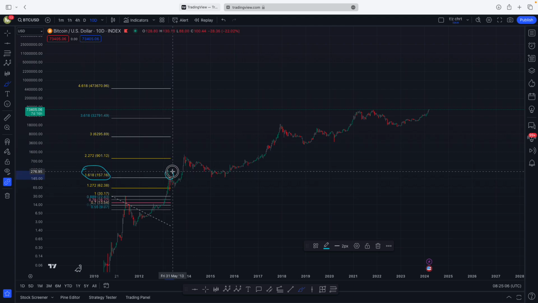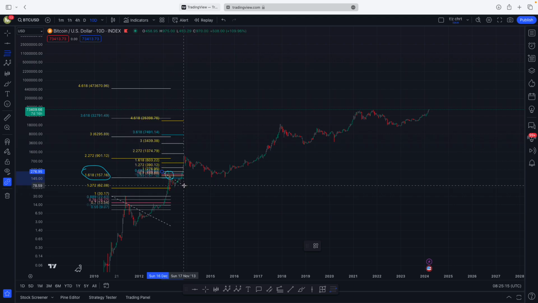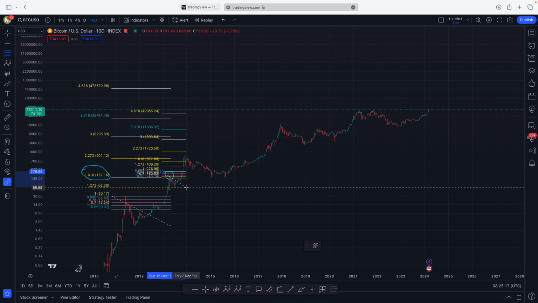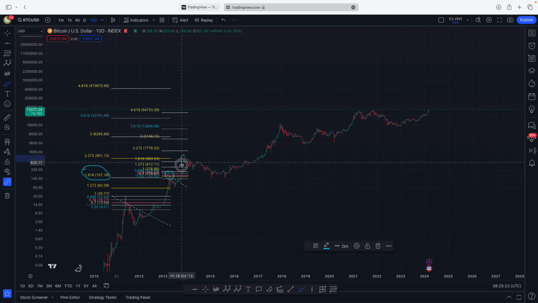It overshot it slightly, but this is where you had your first top. Next cycle we take this top and this bottom, and measure where it brought us for the cycle, and again we overshot the 1.618 Fib here for Bitcoin. So 1.618 both times hit in the first two cycles.